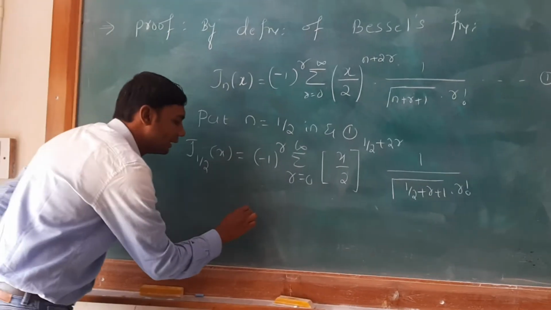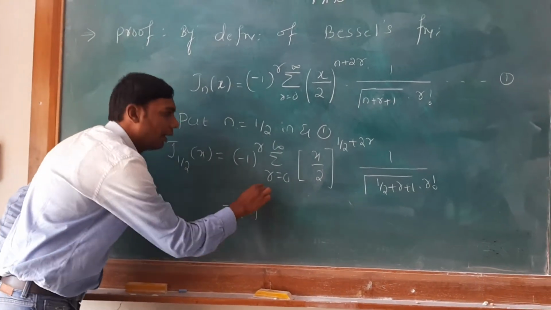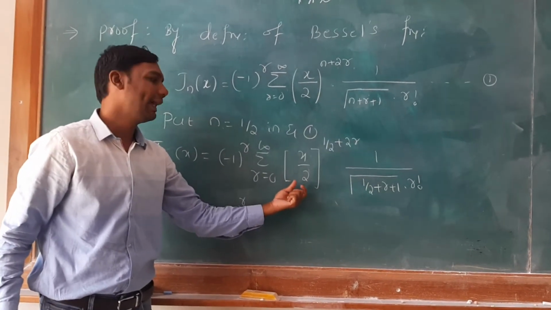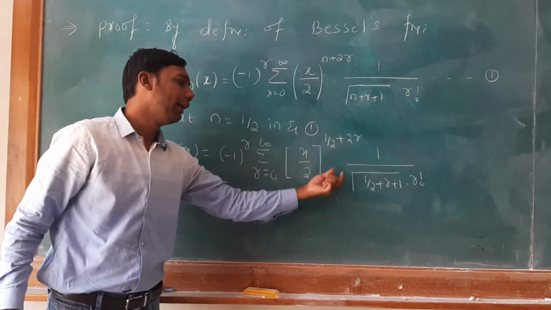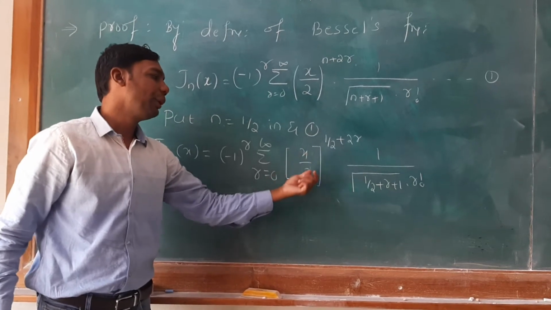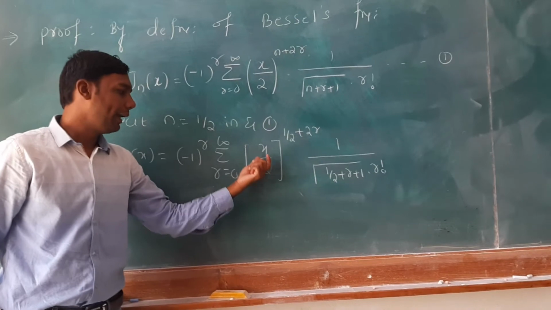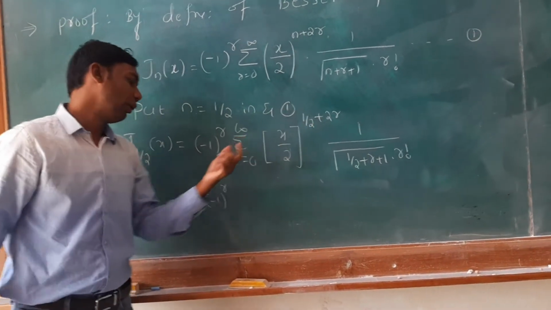Next, simplify this. Minus 1 raised to r, and it is in the form of a raised to m plus n, so split this as a raised to 1 by 2 into a raised to 2r, that is, x by 2 raised to 1 by 2 and x by 2 raised to 2r. Take x by 2 raised to 1 by 2 outside.